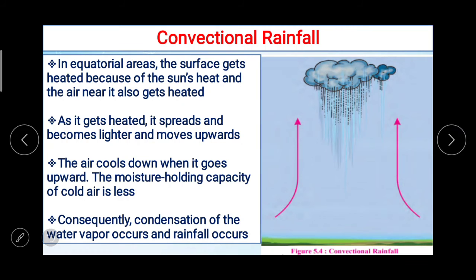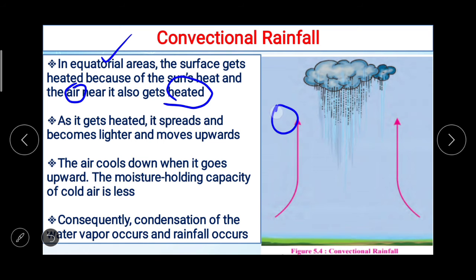In equatorial areas, the surface gets heated because of the sun's heat, and the air near it also gets heated. This is a very common thing.